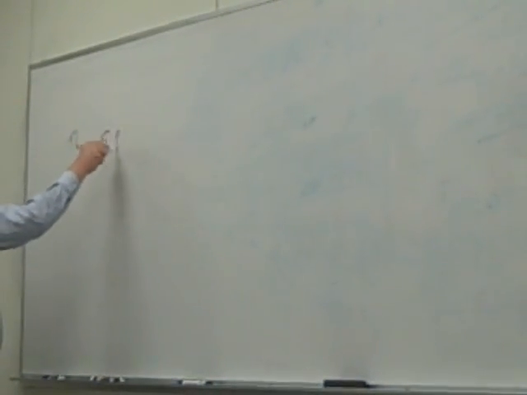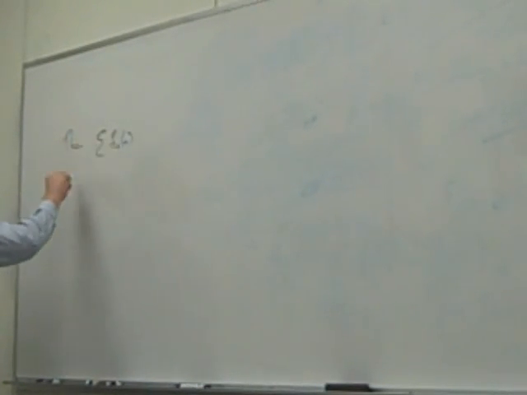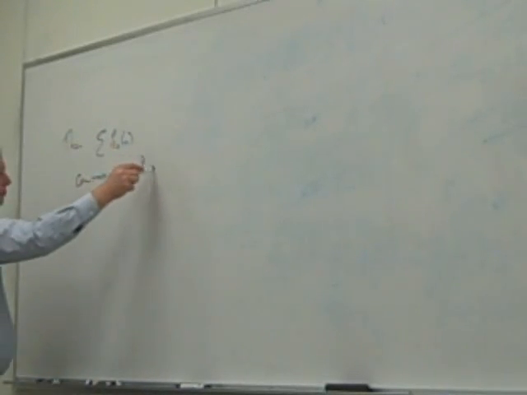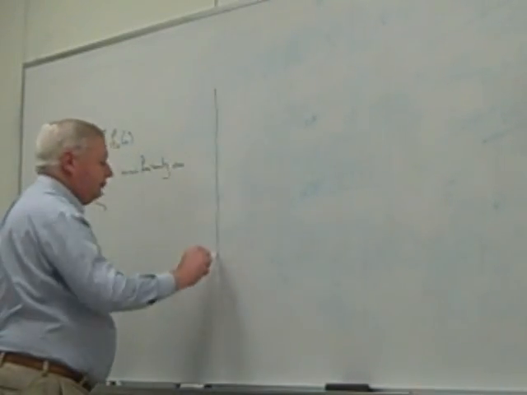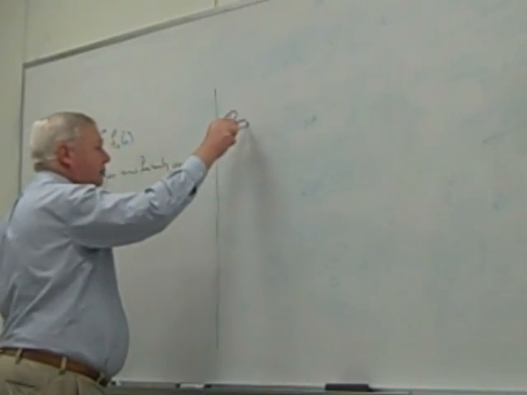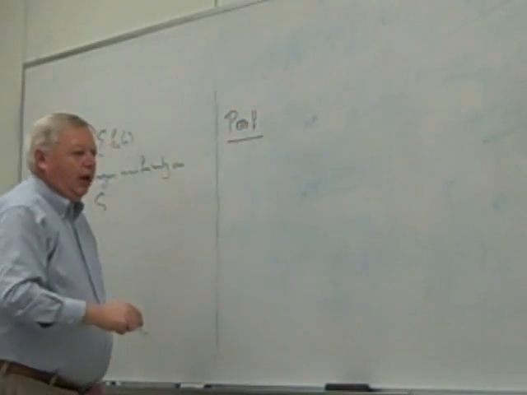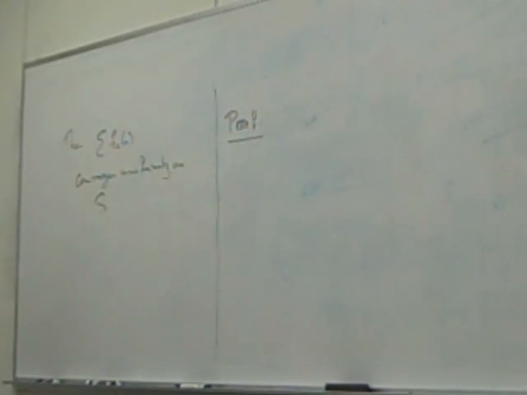Right, so then the sum of f_n of x converges uniformly on the set S. And it's quite a simple thing.